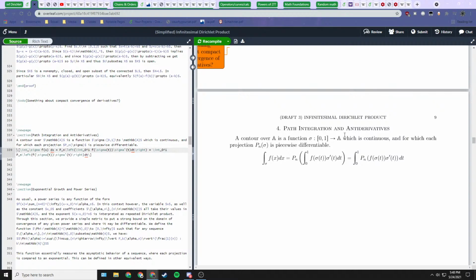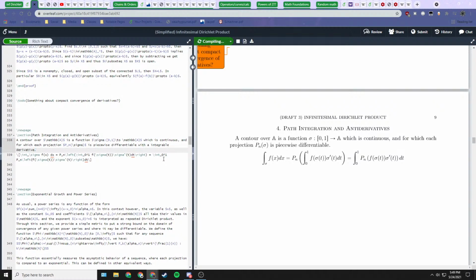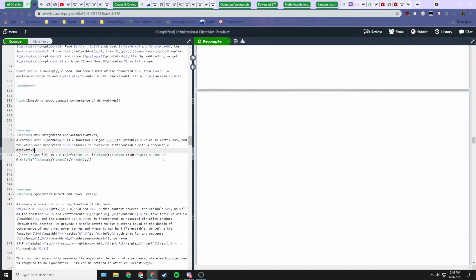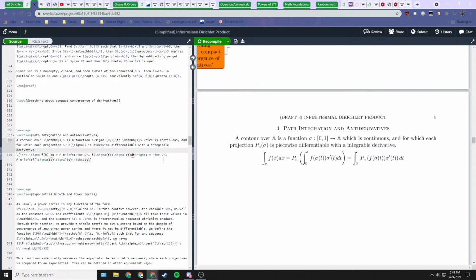We may not need to be continuously differentiable, but I think what we do need is that these are piecewise differentiable with an integrable derivative. We could upgrade this to have a continuous derivative, piecewise continuously differentiable. It's unclear to me whether or not we require that, but we can just update the conditions as we go forward, if we would like.